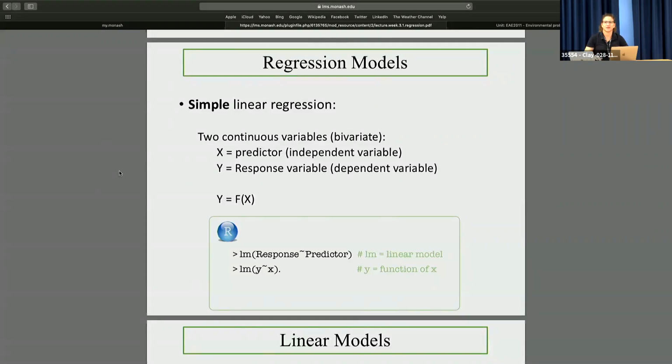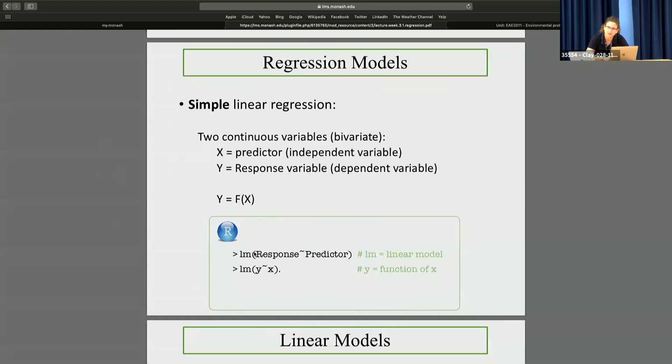So I can think about x as the temperature or the latitude, or whatever other factor can influence y, which is the abundance of a species at a certain location. So we have something that's measured, a dependent variable, and something that is the predictor, the x. And y, simply put, is a function of x.